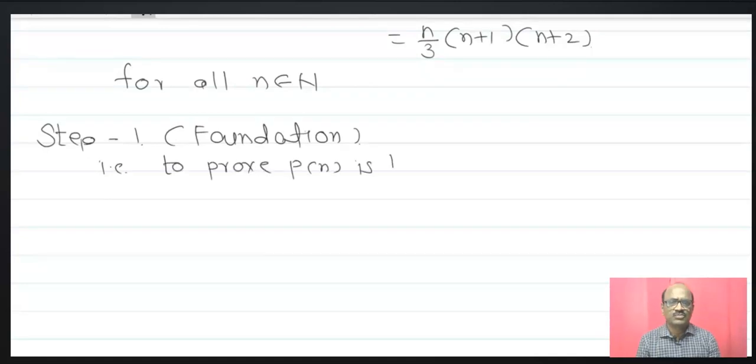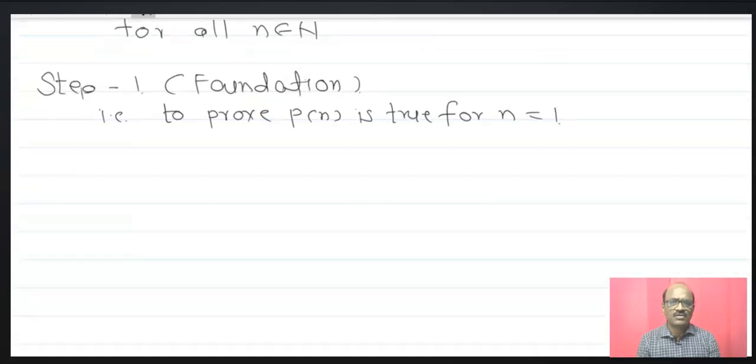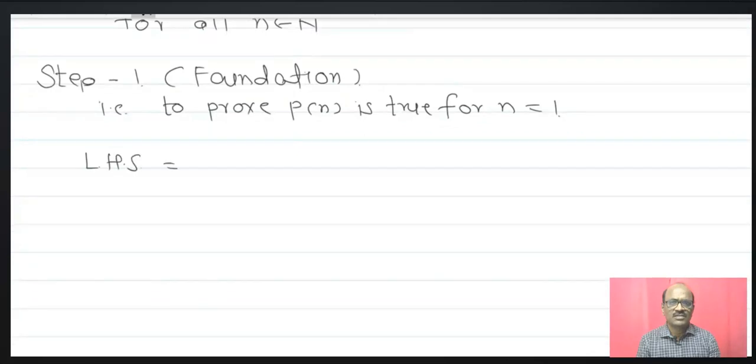That is to prove P of n is true for n is equal to 1. Therefore here LHS is equal to 1.2, that is equal to 2. This is 1, and the RHS, that is equal to 1 upon 3.